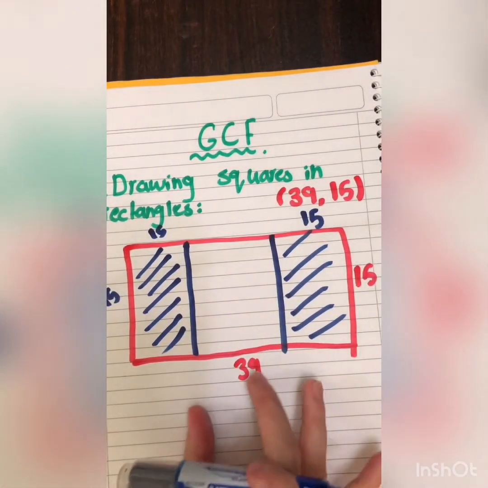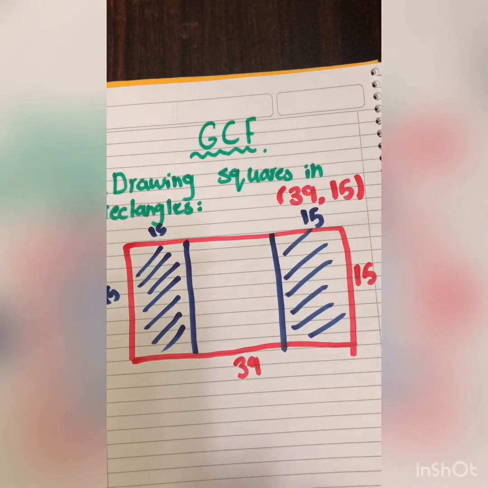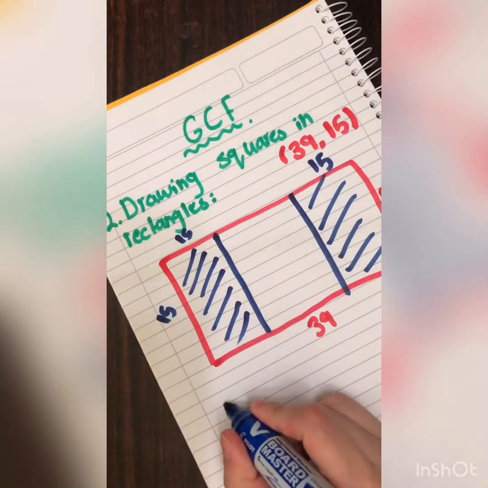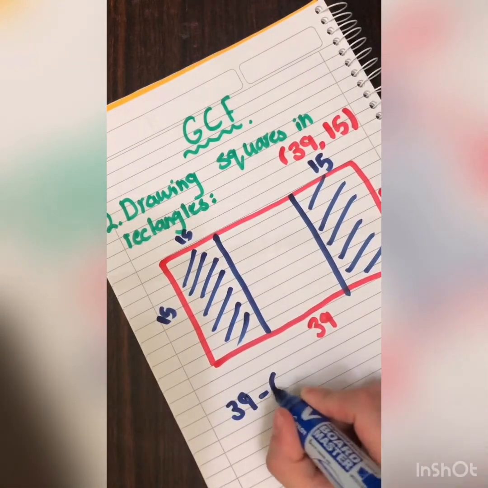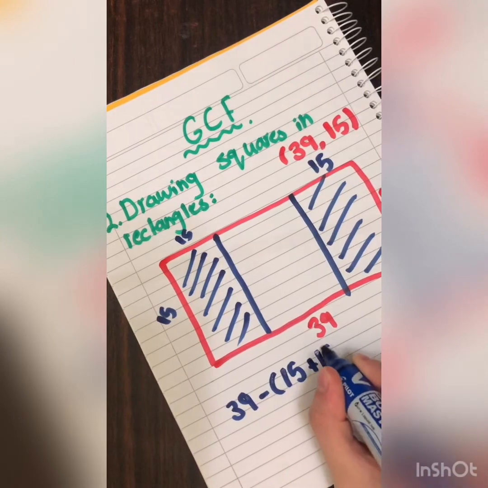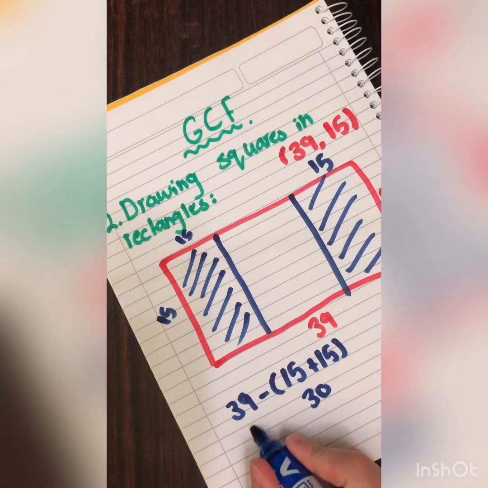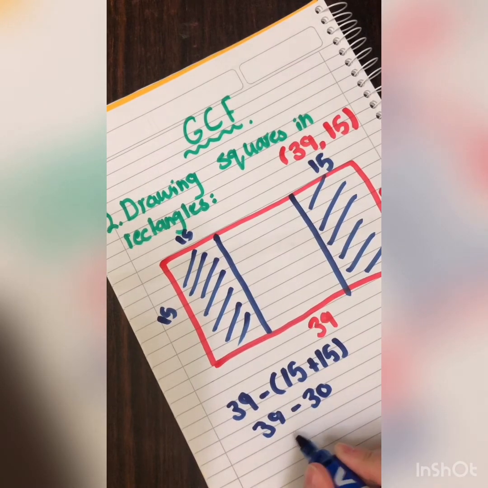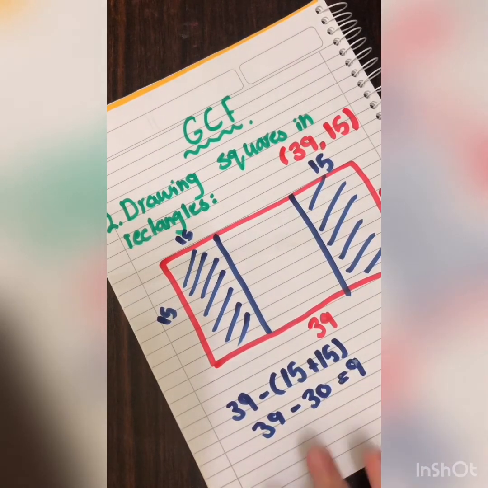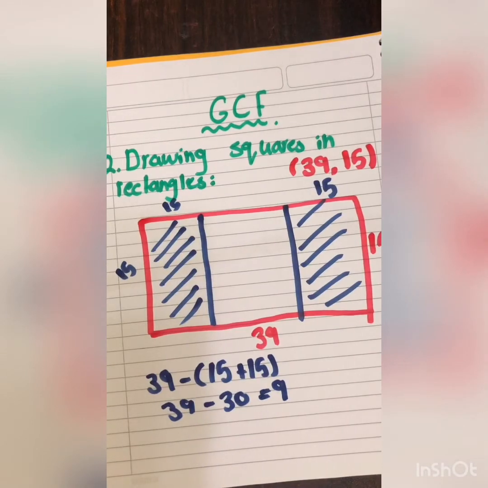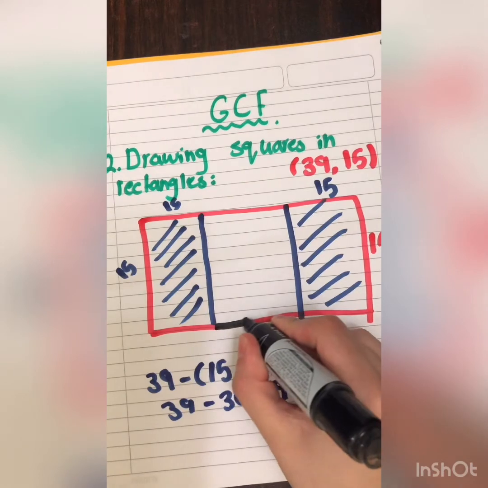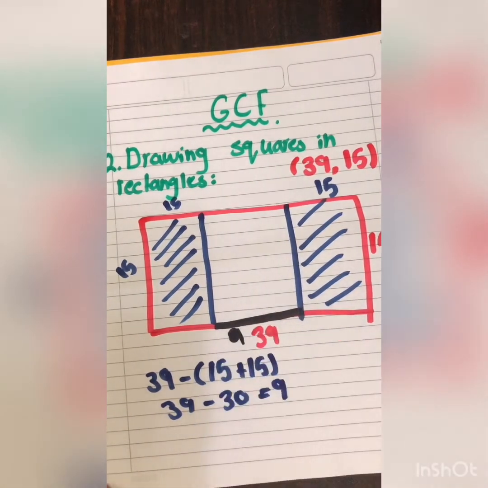Now I want to know how much is left from the 39. So I'm going to subtract 15 plus 15 from 39. 15 plus 15 is 30, and 39 minus 30 is 9. Now, this side is 9.